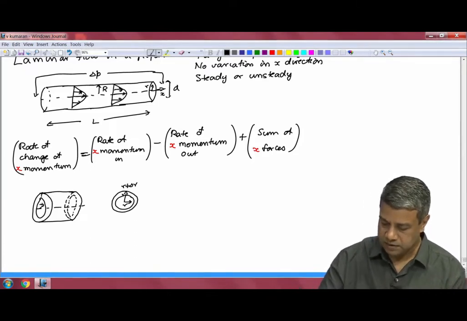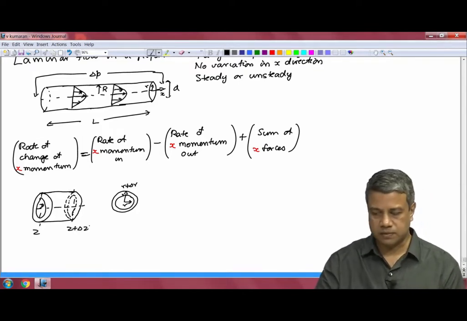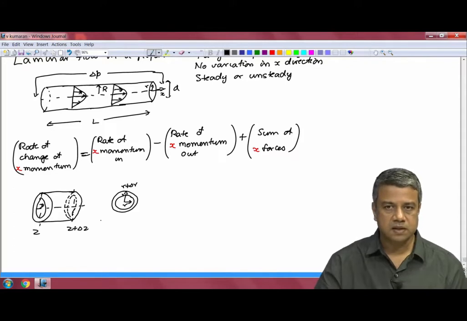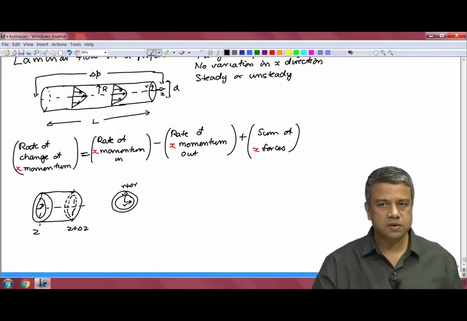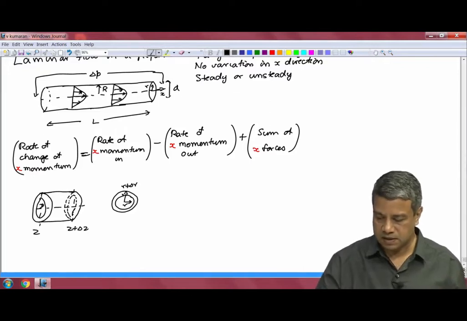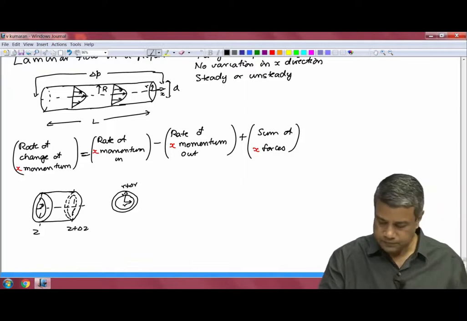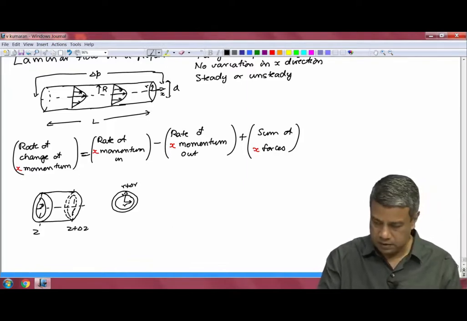And I have two surfaces here at z and z plus delta z. And I have to write a balance equation for that. So, this is a volume that is between two surfaces at r and r plus delta r and two surfaces at z and z plus delta z along the axial direction.